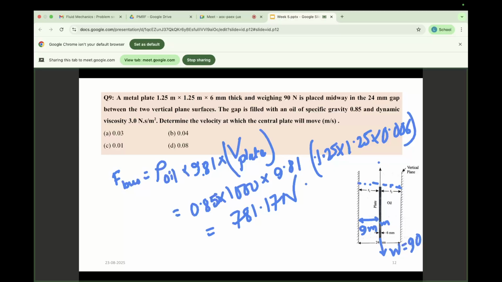So buoyancy force, I know this buoyancy, so F net I can find out, which is equal to W minus FB. So which is 90 minus 781.